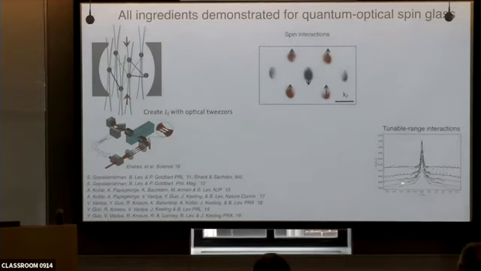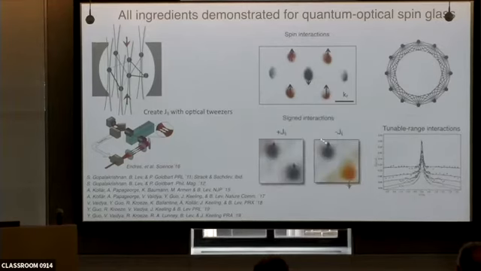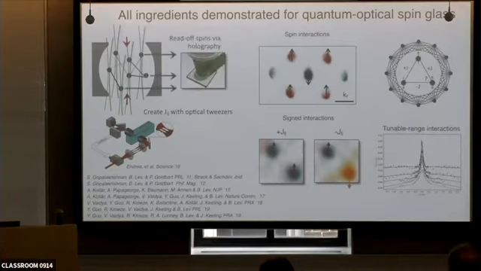We can do tunable range interactions, which will be fun to create graphs that have arbitrary connectivity, not just all-to-all. We have signed interactions, so now we can make geometrical frustration, so we can make non-trivial graphs that can represent NP-hard problems. And we can read off what's going on. We can actually detect what the spin states are, even in real time in principle, but without having to go in and look at all the atoms, we can do that with holography. So we have all the ingredients.